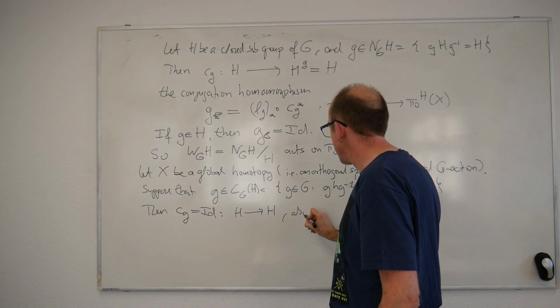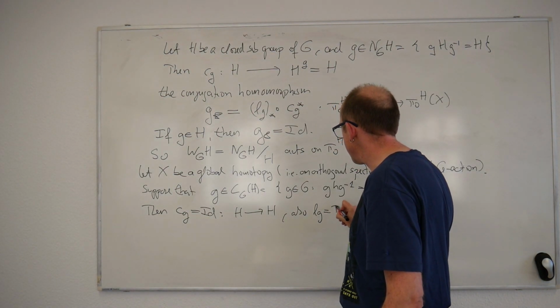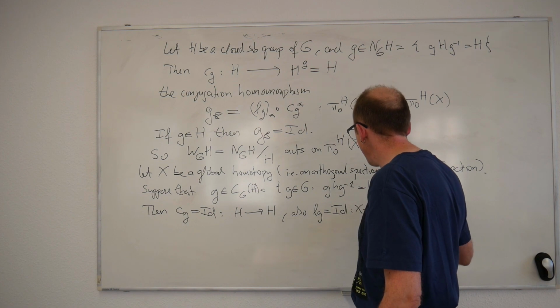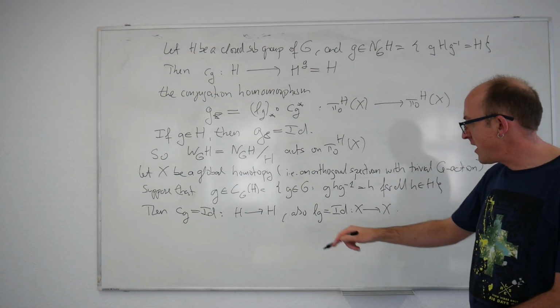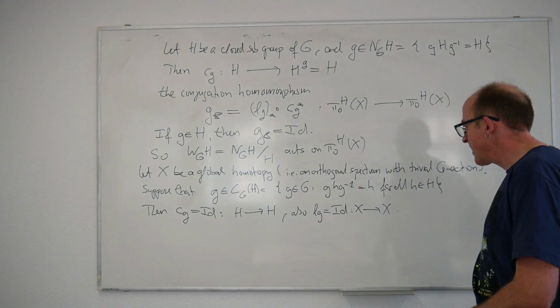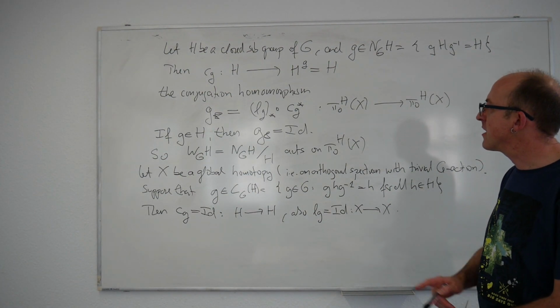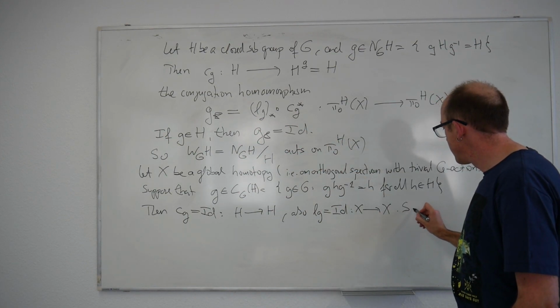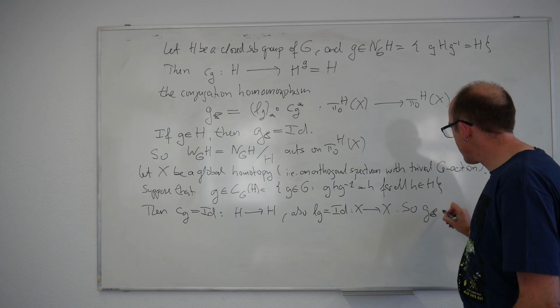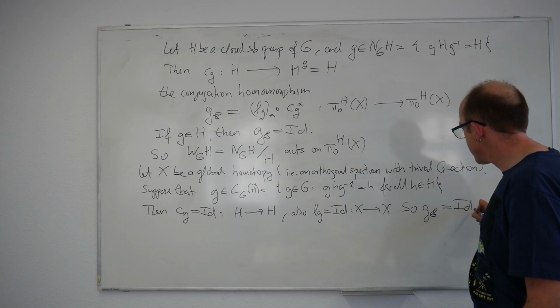But also L_g is the identity from X to X, and this is where we're using that we have a global homotopy type, because that means all elements, in particular this element little g, act like the identity on X. And that means this g lower star is the identity composed with the identity, so we conclude that g lower star is the identity.